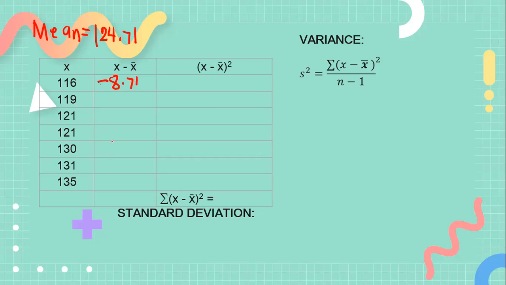Okay, next, 119 minus 124.71. What is it, class? Very good. Negative 5.71. The next, 121 minus 124.71, is negative 3.71. So 130 minus 124.71 is 5.29.